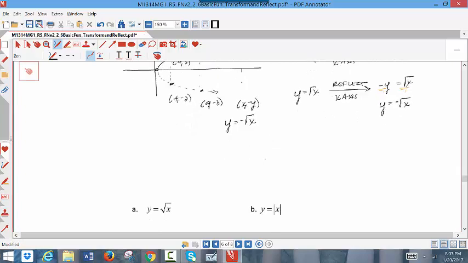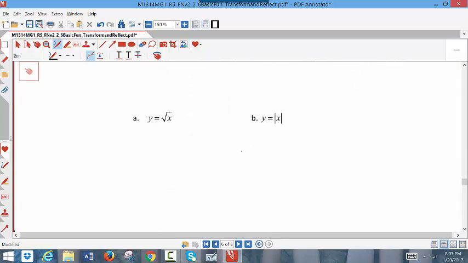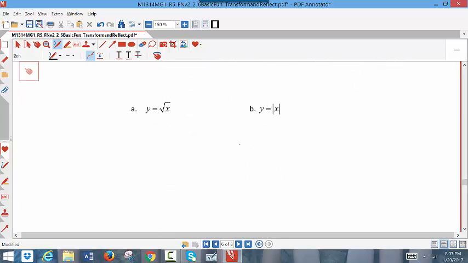So let's take a look at a couple of these examples. So we have y equaling the square root of x, and they asked me to reflect it over the x-axis. Then y would be replaced by negative y, and then if I divide each side by negative 1, it's y equals the negative square root of x.